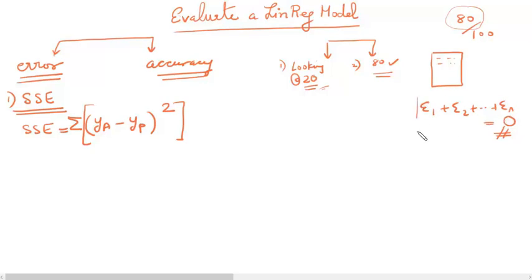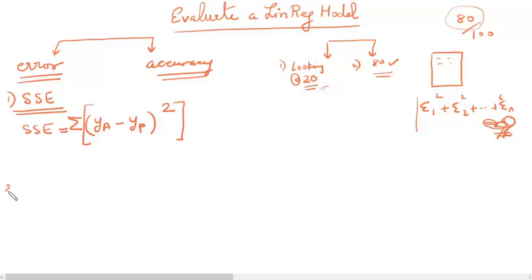Hence we take the sum of squared errors. We square each of the errors so that the sign gets eliminated, and then we add them up. If we have built two models, the model which has the smaller value of sum of squared error usually is a better model.